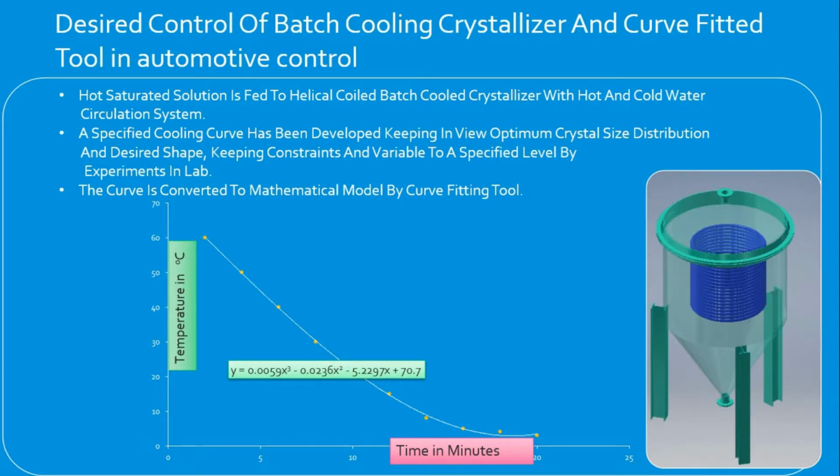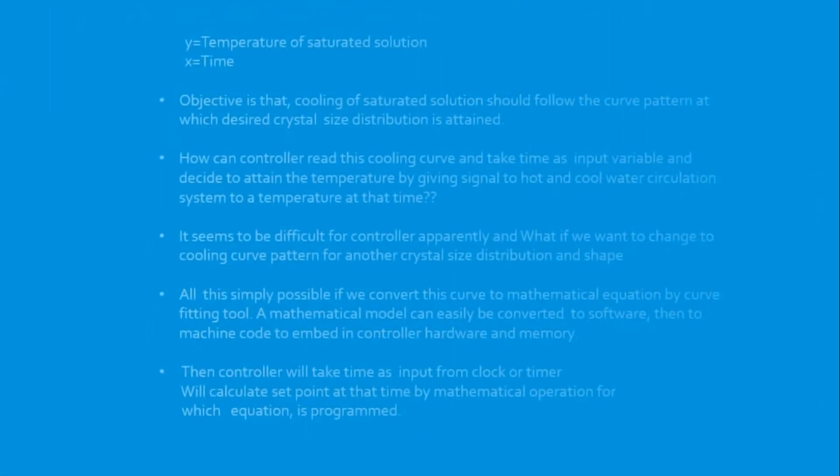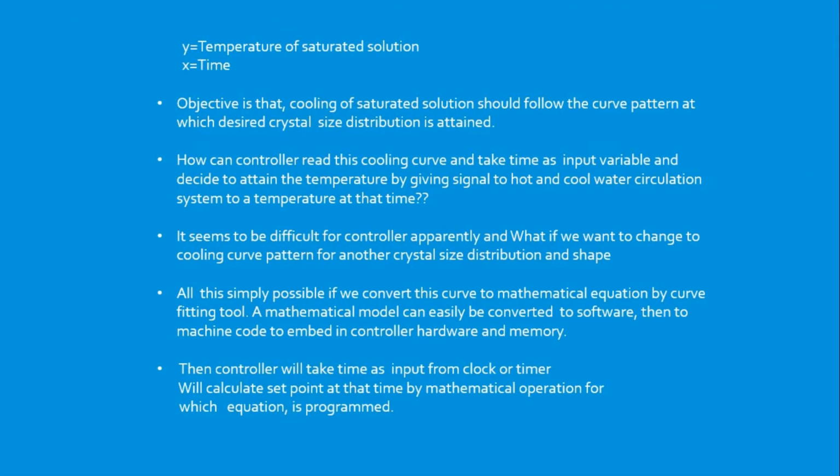The data for the control of this crystallizer has been extracted from the lab. The data extracted from the lab is converted to a mathematical model by the curve-fitting tool as shown in the figure. For this cooling curve, the required mathematical model is given. Here Y is the temperature of the saturated solution and X is the time. Our objective is that cooling of the saturated solution should follow the curve pattern at which desired crystal size distribution is attained.